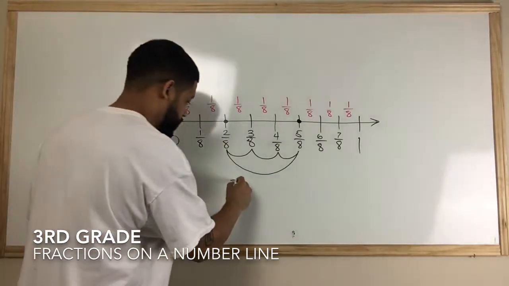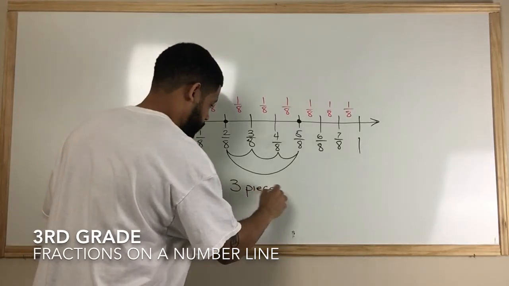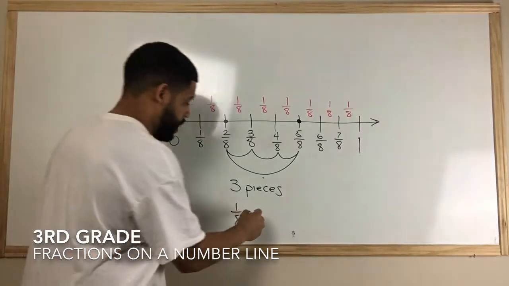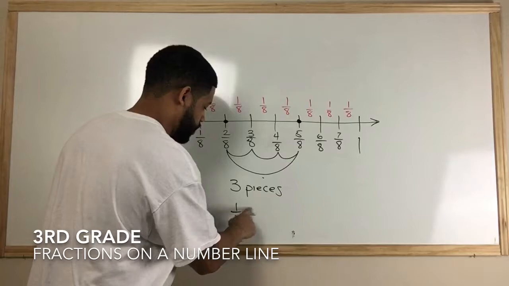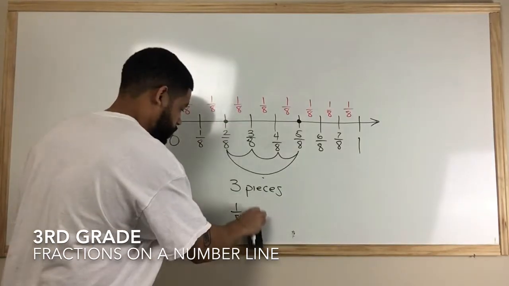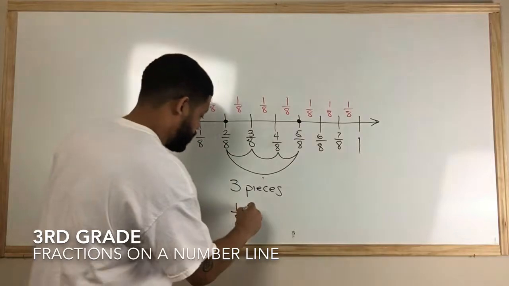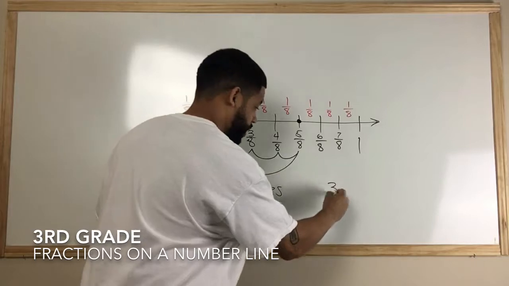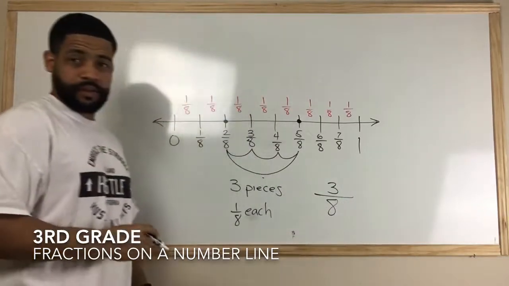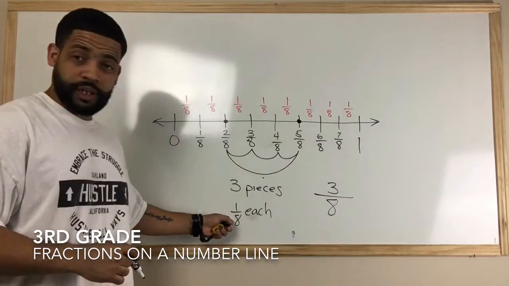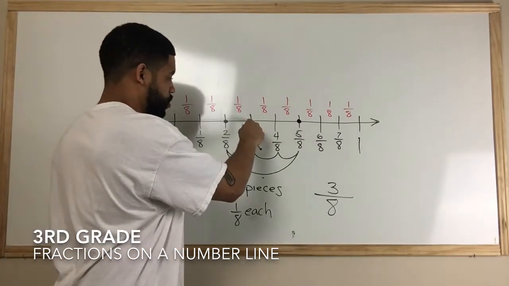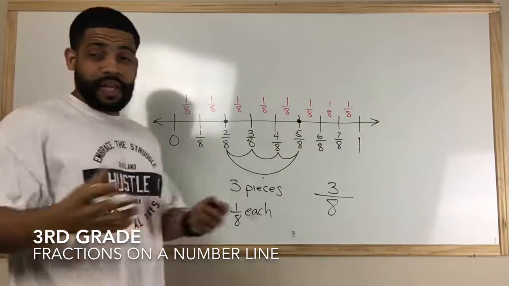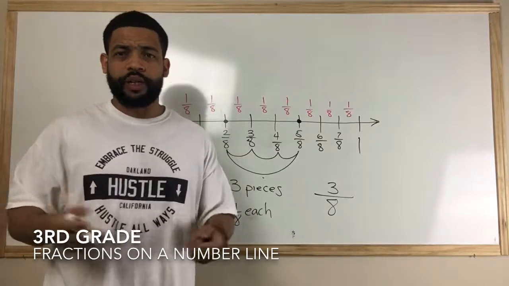If I have 3 pieces, and each piece is 1/8, then I have 3/8, because I have 3 different pieces and each one is 1/8 in size. So going from 2/8 to 5/8 is 1, 2, 3, which is 3/8. That's how we represent fractions on a number line.